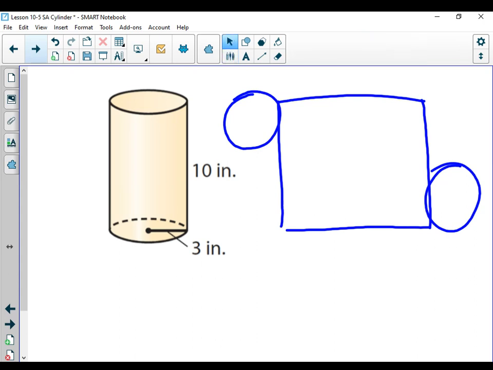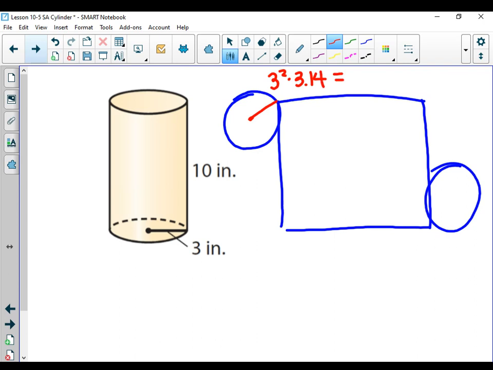Allison, what are you doing with your circle? 3 times 3 squared times 2. Ellie, 9 times 3.14? 28.26. Zach, do you know what's really nice about this?